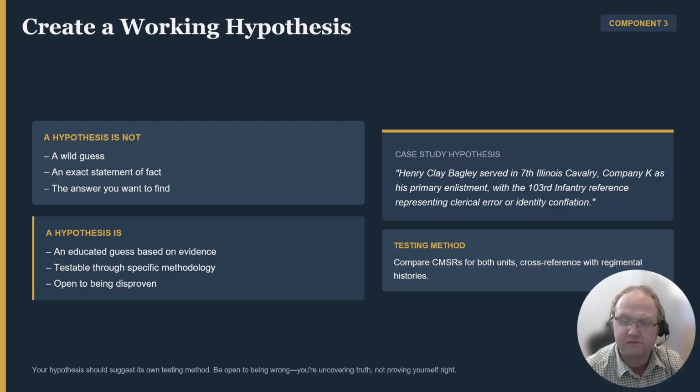Your hypothesis should suggest a testing method. If you can't articulate how to test it, it's not useful. You need to be open to being wrong. Remember, you're here to uncover the truth, not to simply validate what you believe you already know, and to accept when evidence contradicts what you previously assumed or believed about your research subject.